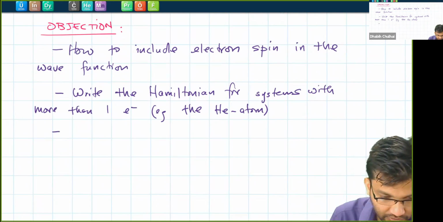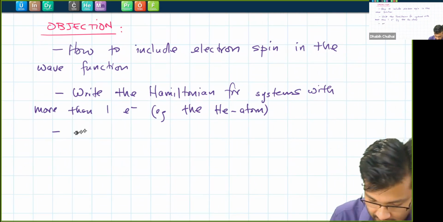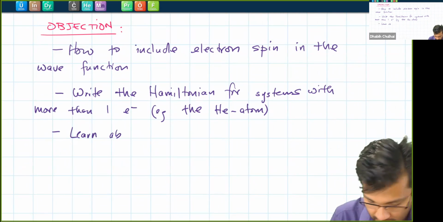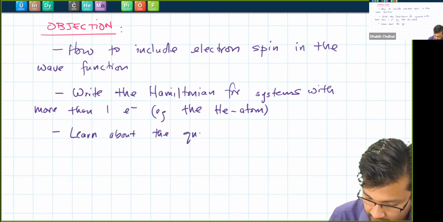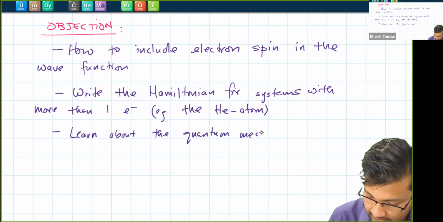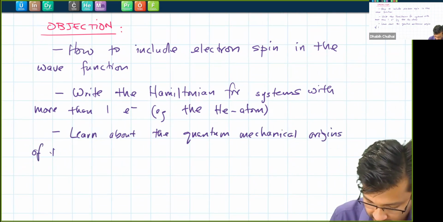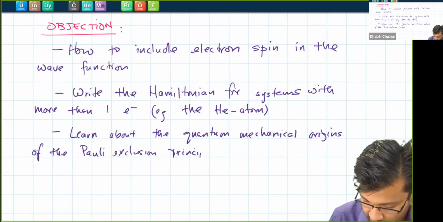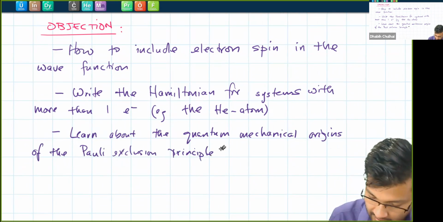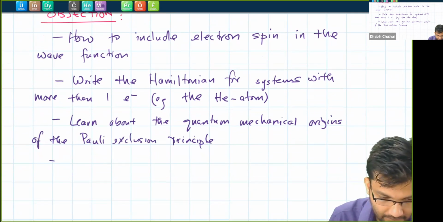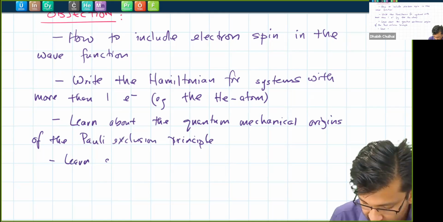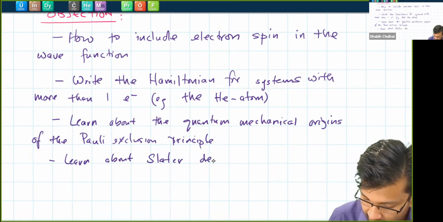We're going to learn about the quantum mechanical origins of the Pauli exclusion principle, which I'm sure you've all heard of. We're going to learn about Slater determinants. That might sound strange to you, but you'll understand maybe when we get there, hopefully.